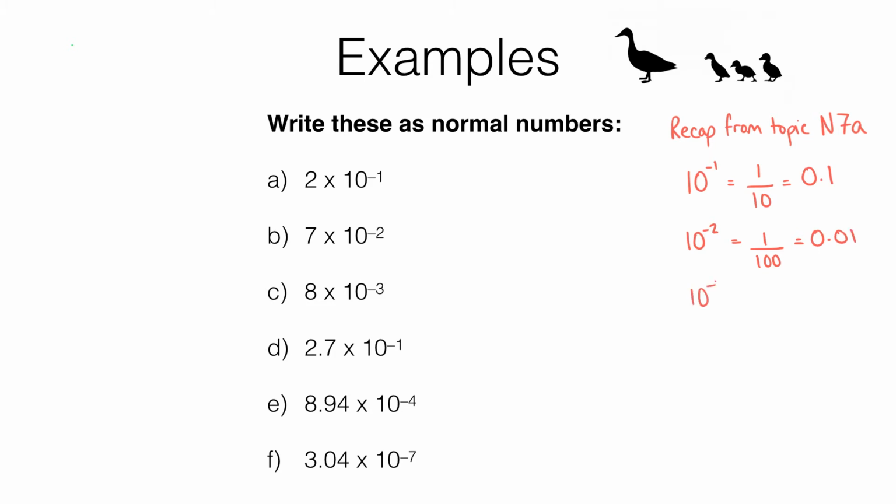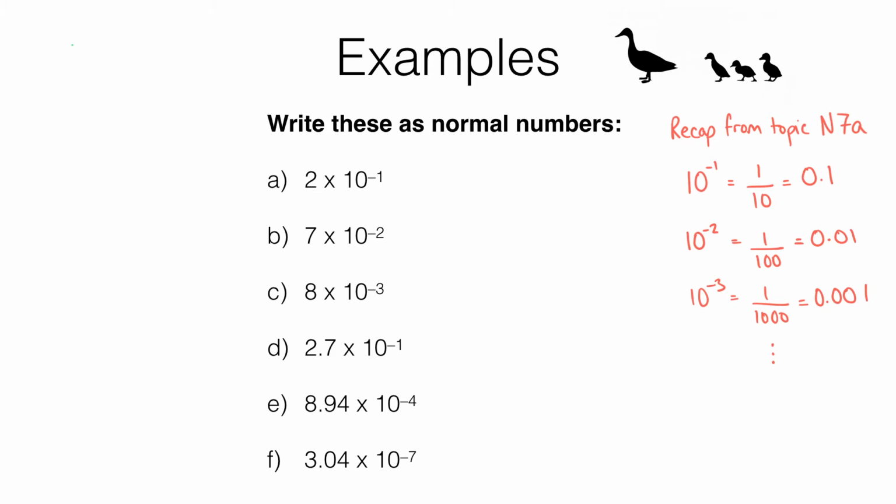And 10 to the power of -3 is 1,000th, which is the same as 0.001, and so on. If you're not sure about any of this, you need to go back to topic N9a and recap there.